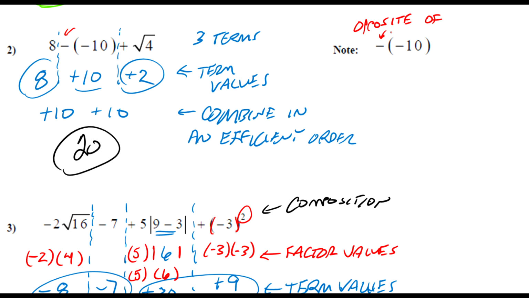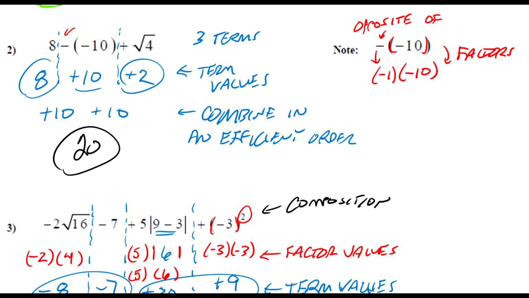But we also could think of it as factors of a term. So the parentheses is a factor, so -10 would be a factor. But this negative sign in front, we could identify that as a factor of -1.